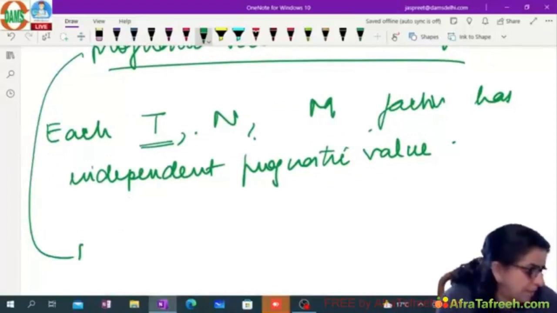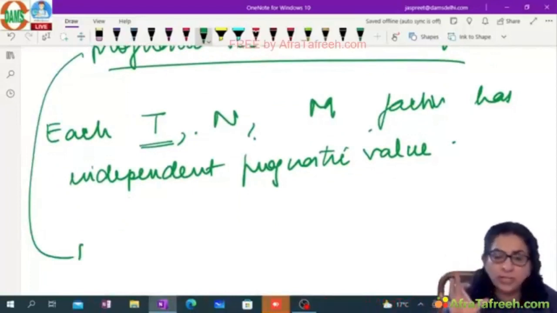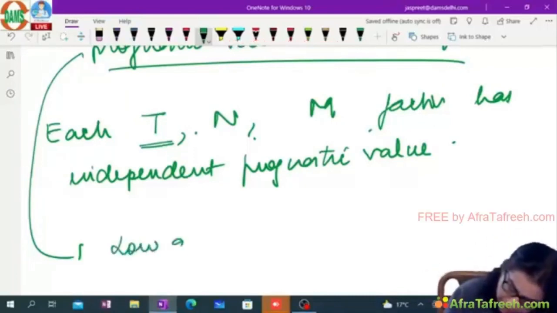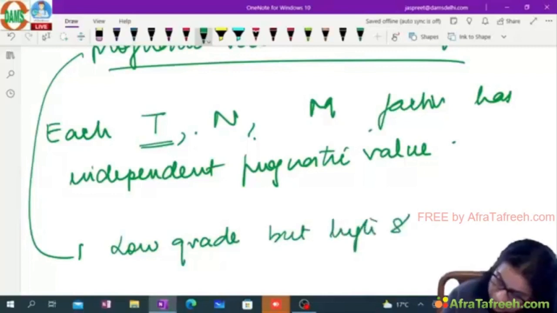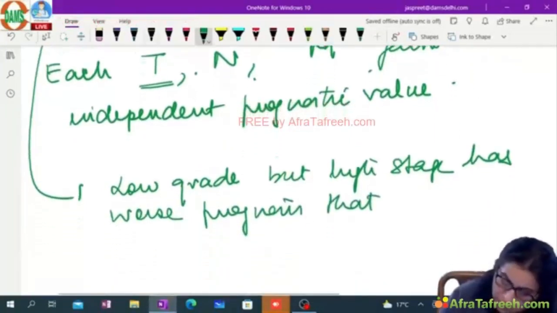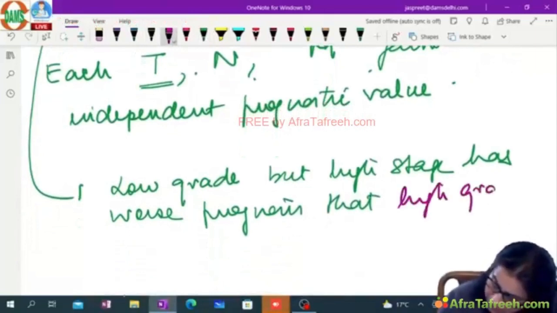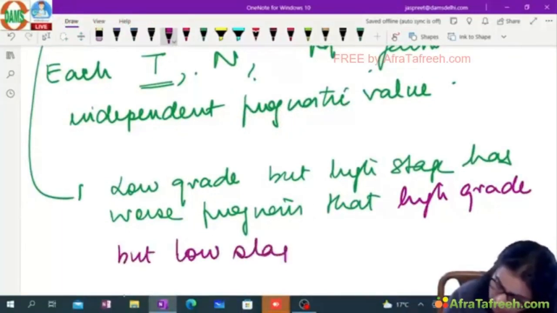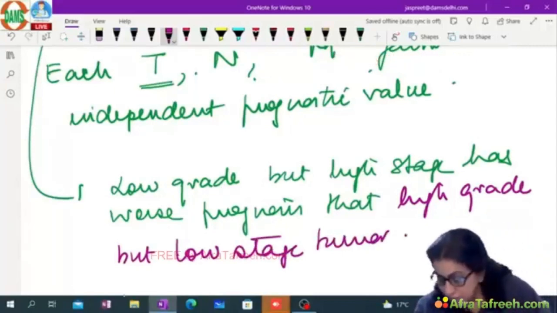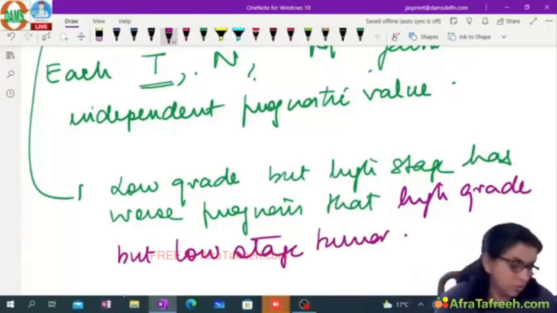Example: a low grade but high stage tumor has worse prognosis than a high grade but low stage tumor.